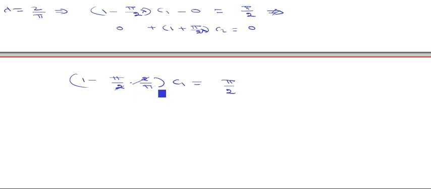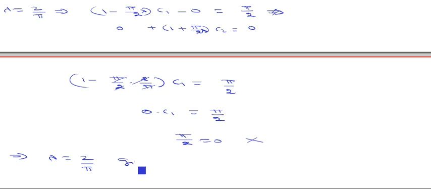So 1 minus 1 is 0, so 0 into c1 equal to pi by 2, that is pi by 2 equal to 0, which is wrong. Therefore lambda equal to 2 by pi gives no solution.